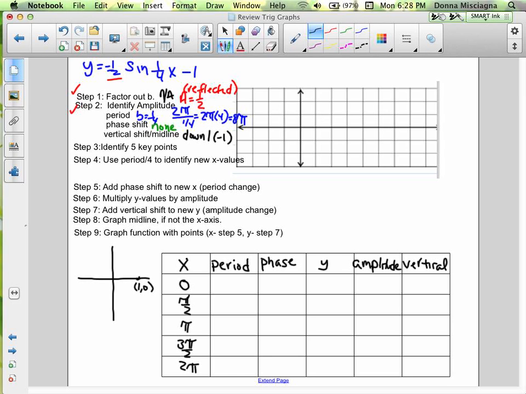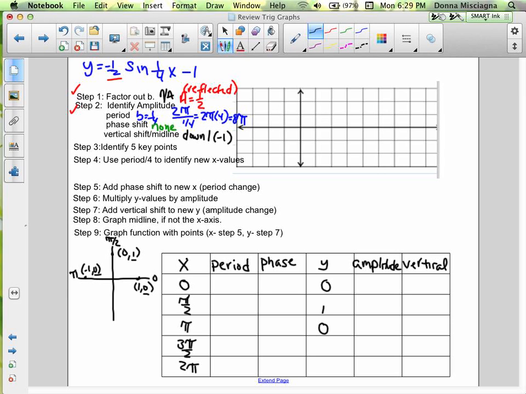When we are at 0, sine is 0. When we are at pi halves, sine is 1. When we are at pi, it's the point -1, 0. Remember, sine uses the y values on the points on the unit circle.